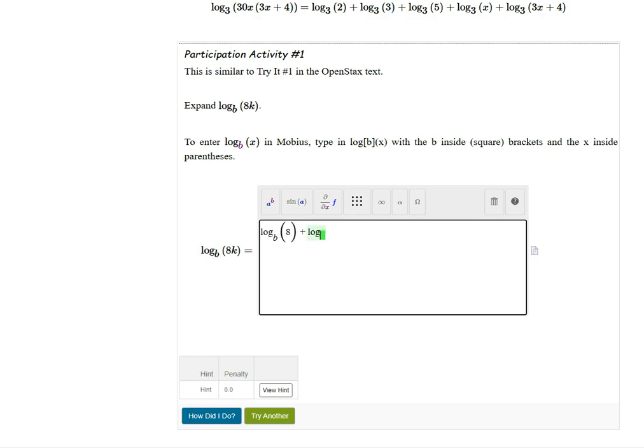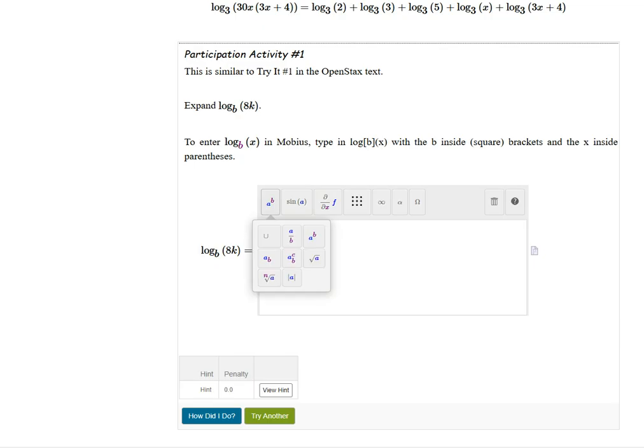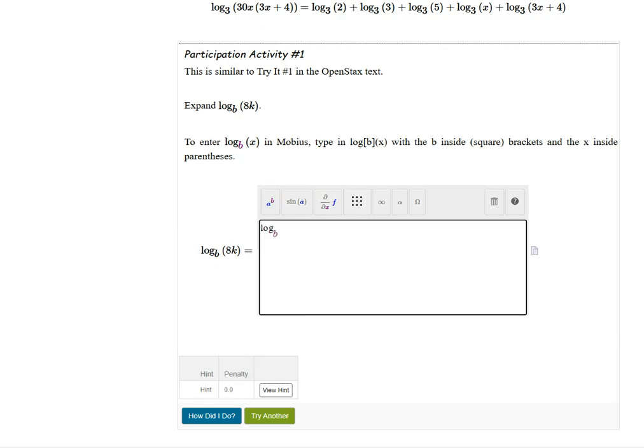So I'm just going to go back, do this again, log, scroll over the b, and then parentheses 8, close the parentheses, plus, hit it again, log, scroll, see how the b is purple? I'm scrolling over it. And now, how did I do?